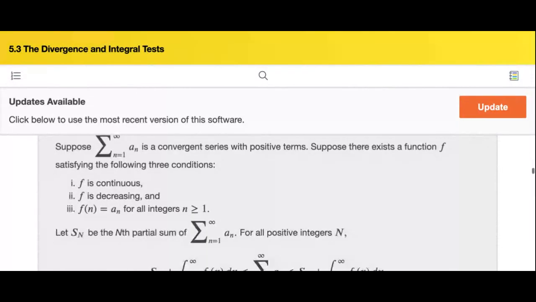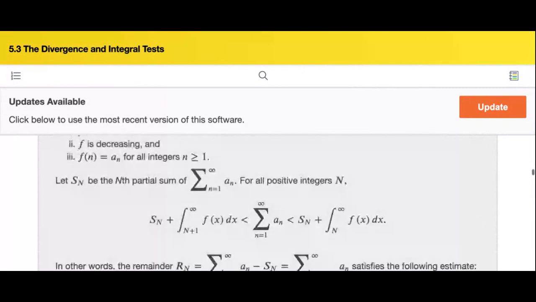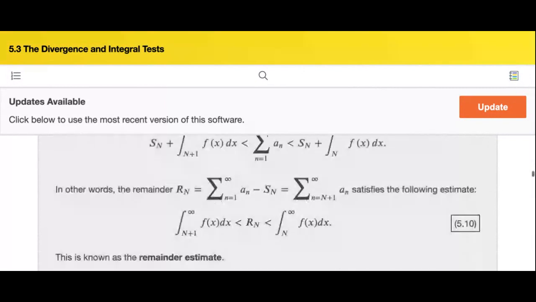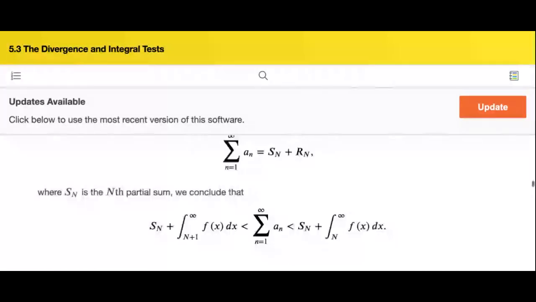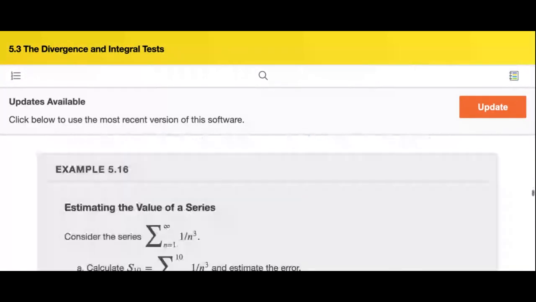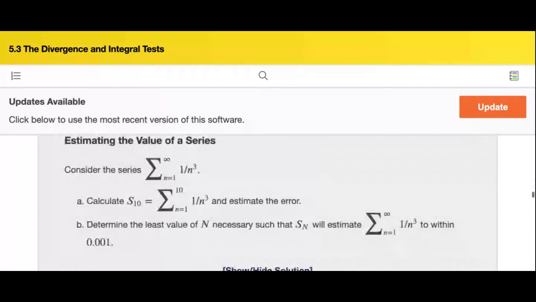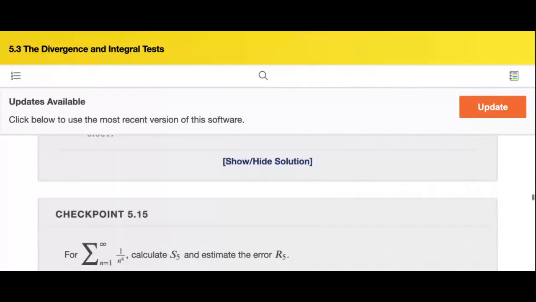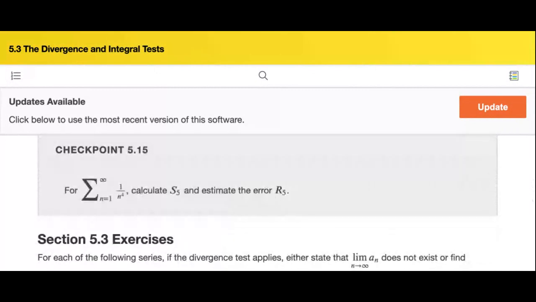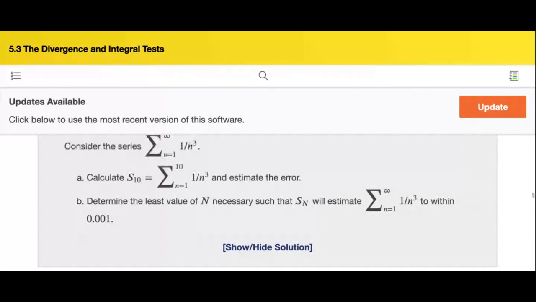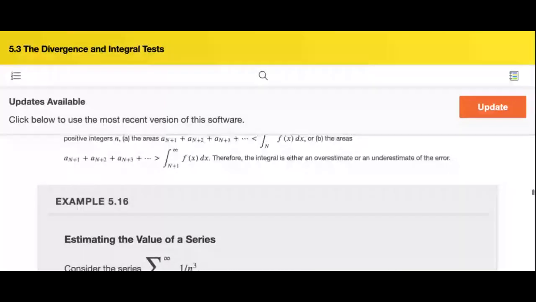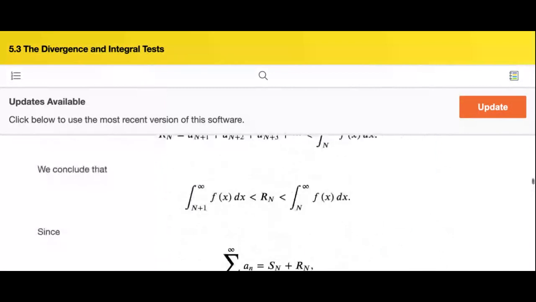Remainder estimate. Okay, that's it for 5.3. Anyone has any questions?